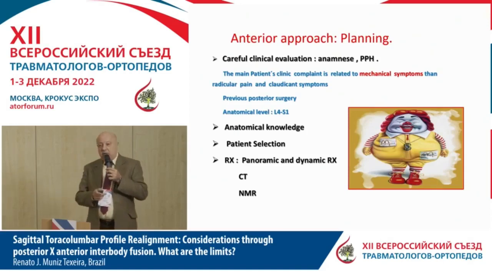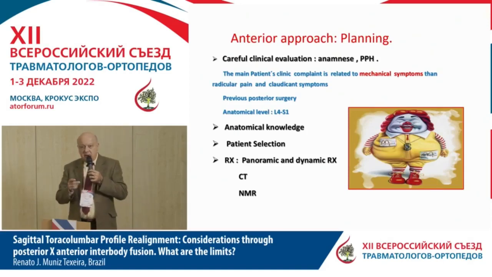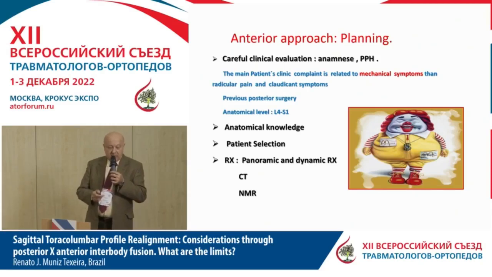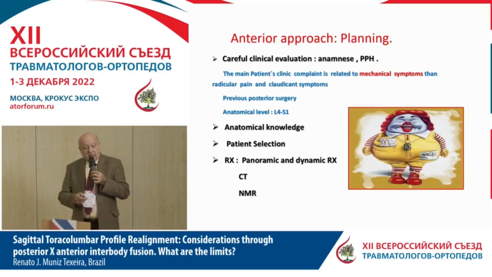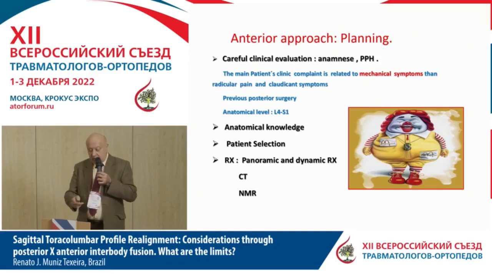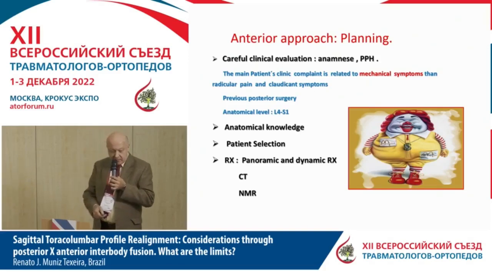And the best anatomical level to be achieved is L4-S1. It needs anatomical knowledge, patient selection. Of course, a fat patient is different from a thin patient. And we need a good study of the vessels.